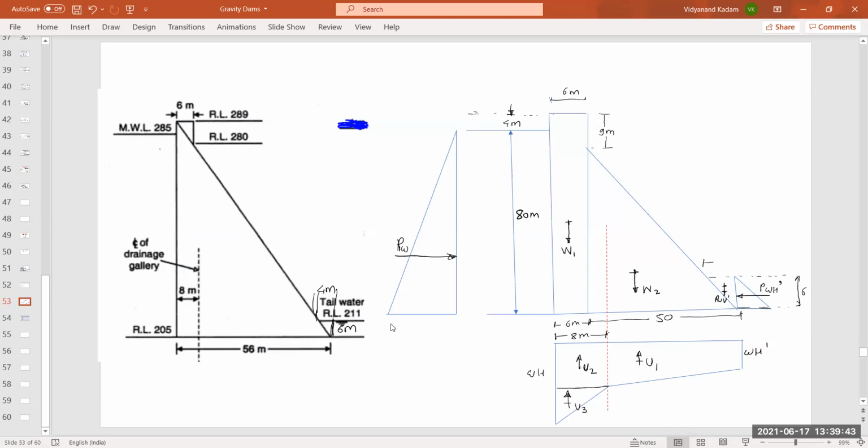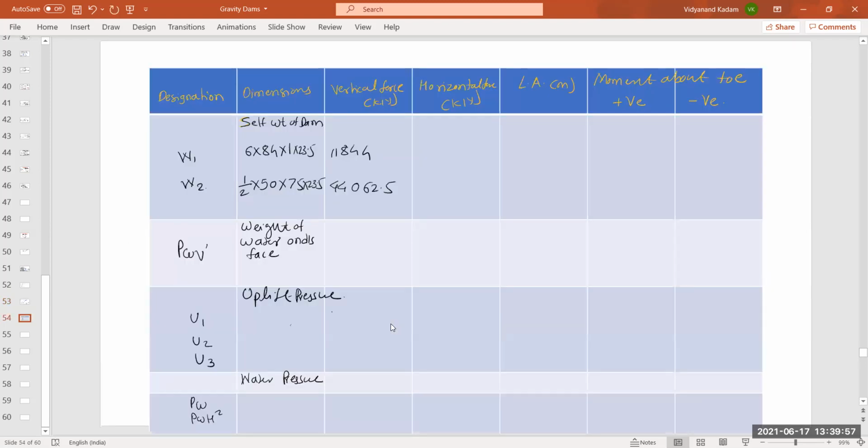So the area of this triangle is 1/2 into 4 into 6, into 1 into, not 23, it is 9.81. It is the weight of water. And this calculation gives 117.7.